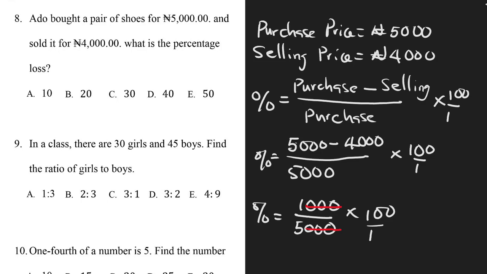So we are left with this 5 here is 1. 5 into 100 is 20, because 100 divided by 5 is 20. So what's the answer? Our answer is 20%. 20% loss, right? So let's check our options. From our options here, our answer is B, 20%. So let's check the next question.